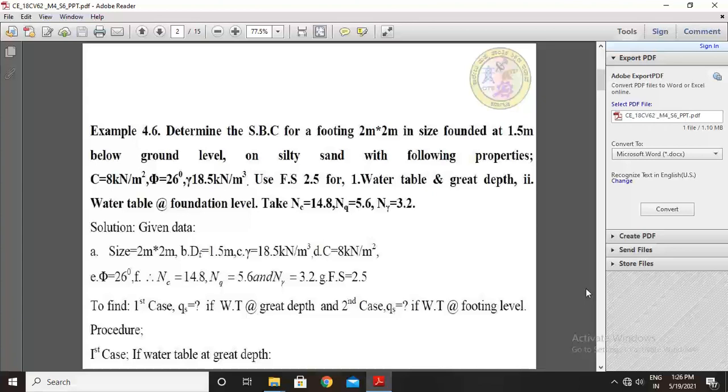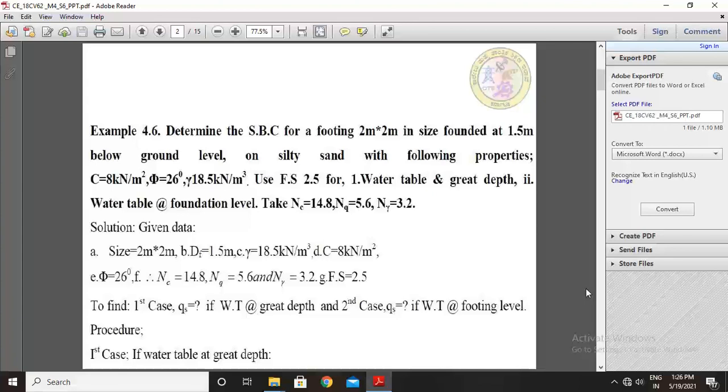let us see. Determine the SBC for a footing 2 meter by 2 meter in size, founded at 1.5 meter below ground level on silty sand with following properties: C equal to 8 kilonewton per meter square, phi equal to 26 degree, gamma equal to 18.5 kilonewton per meter cube.